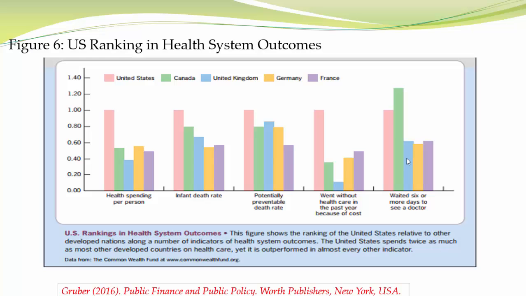But looking at the outcomes, we see a very high infant mortality rate in the United States, followed by Canada, the United Kingdom, Germany and France. Potentially preventable death rate is also very high in the United States, followed by the United Kingdom.